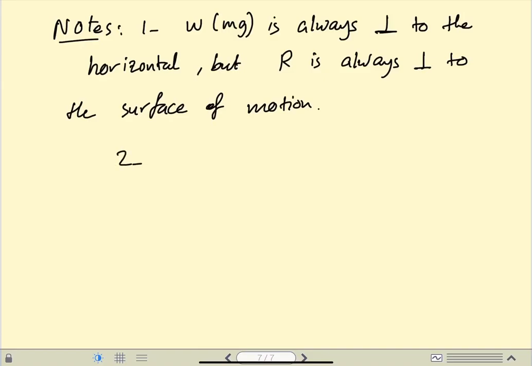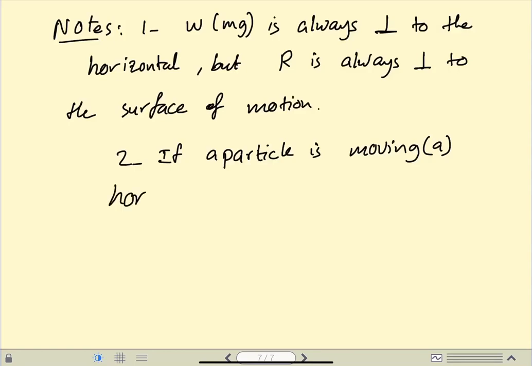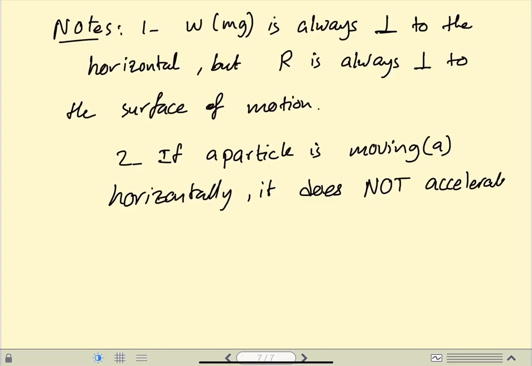Part 2. It's the easiest, but we have to say it because many students make this mistake. If a particle is moving, and when we say moving, we mean accelerating, horizontally, it does not, my dear students, accelerate vertically.